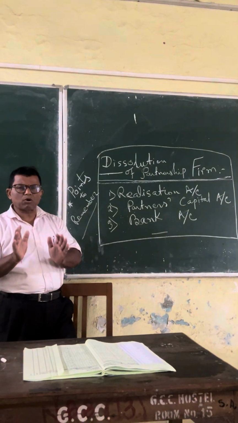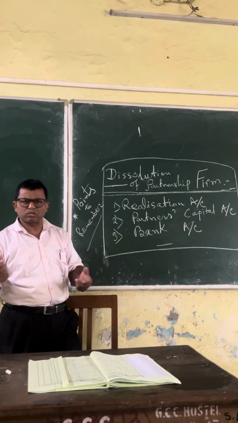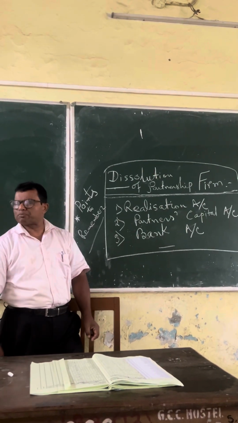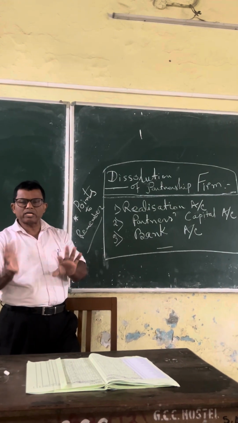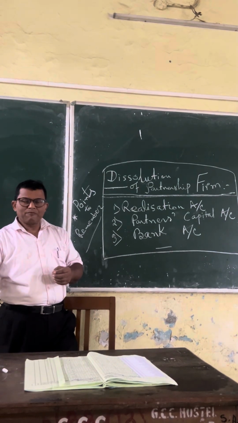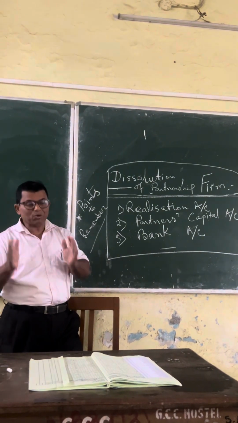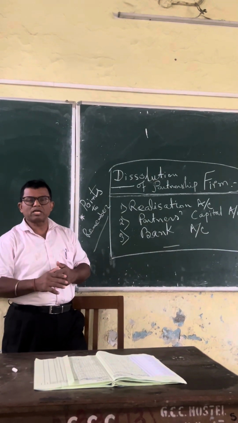But the most important problem here is that many good, brilliant students forget certain points. Suppose a creditor is given in the balance sheet and nothing is mentioned in the adjustment. Then also you have to pay it. If it is mentioned in the adjustment, you remember, oh, I have to pass the double entry. But sometimes, suppose bills payable is given on the liability side of the balance sheet.